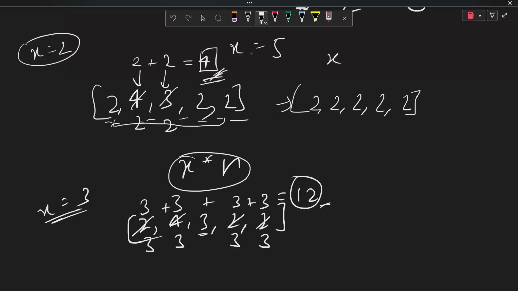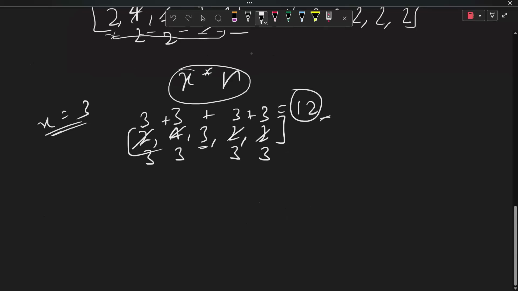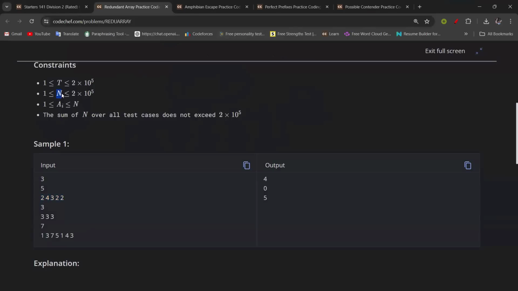So what we can actually do is iterate through all the possible values of x and check our answer. How many possible values of x can we have? Let's look at the constraints first. We have n up to 2e5 and ai is up to n only.